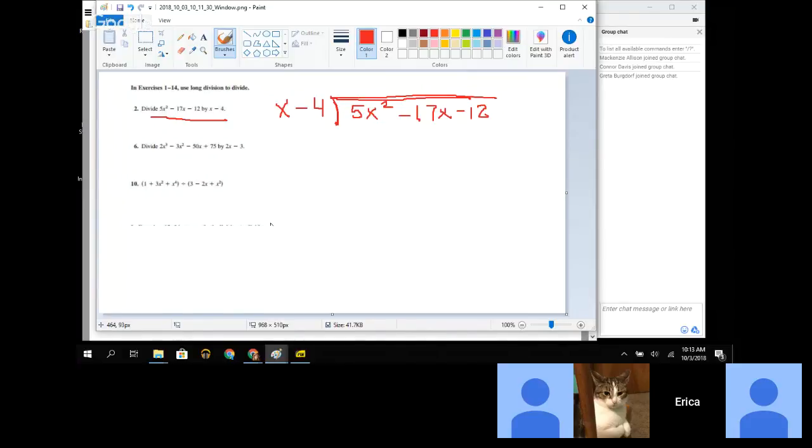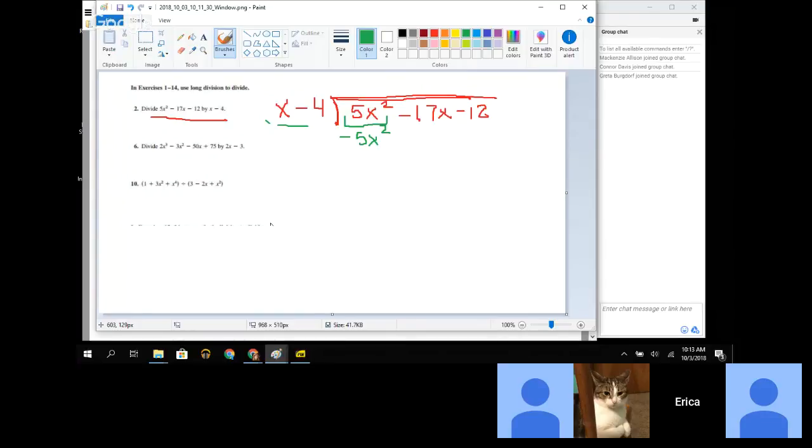Okay. The first thing that you're going to do is figure out what you need to multiply by to get rid of this first term. So you're basically trying to clear off term by term, starting with the highest order that you can. I have 5x squared. I want whatever I multiply by to give me a negative 5x squared so that I get rid of my x squared terms.